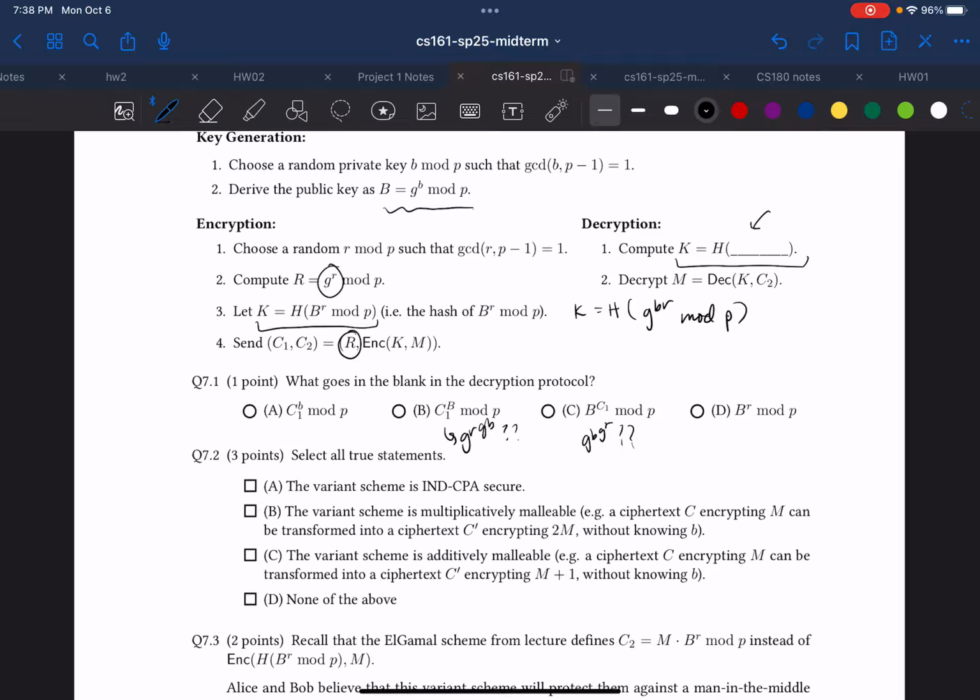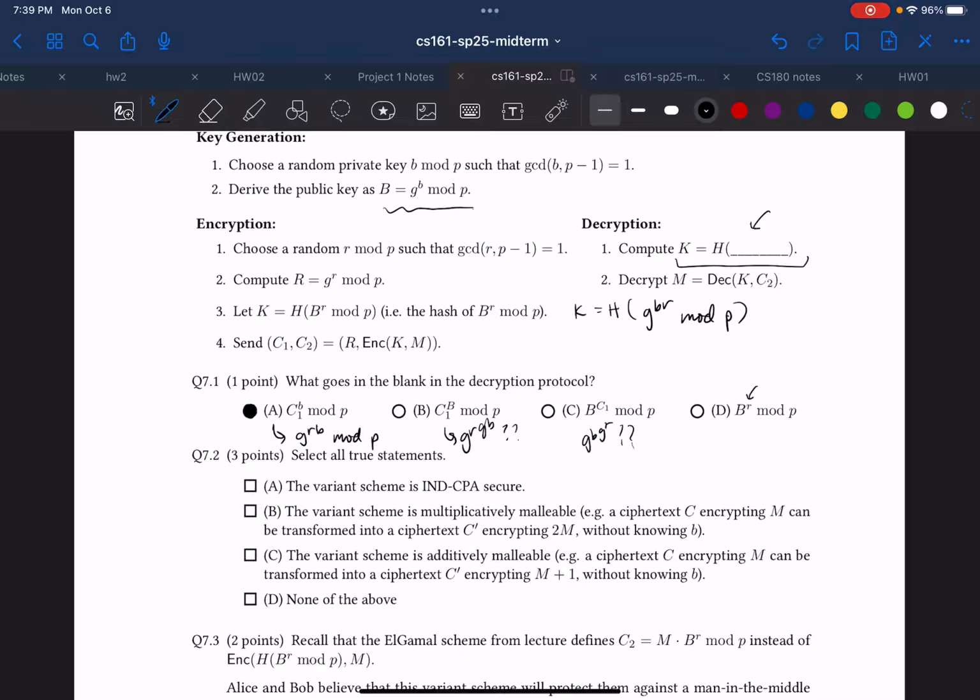D is out because at time of encryption, we won't know what little r is. That is private to the person who encrypted the message. But if you substitute C1 into A, then we get g^(rb) mod P, which is exactly what we want. So the answer for 7.1 is A.